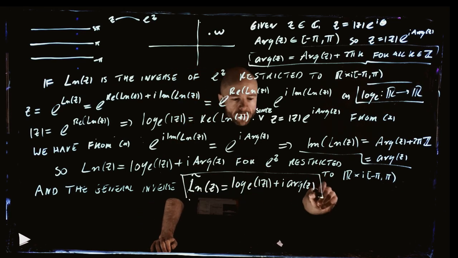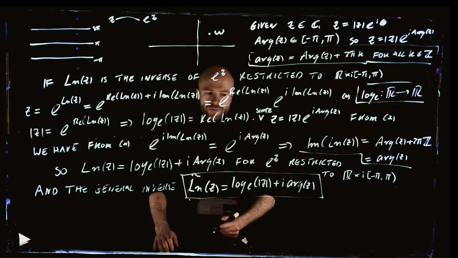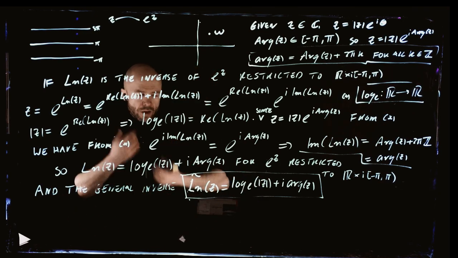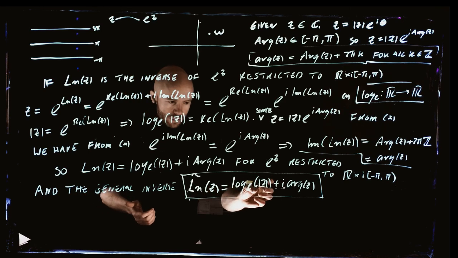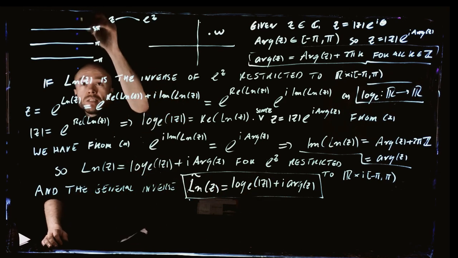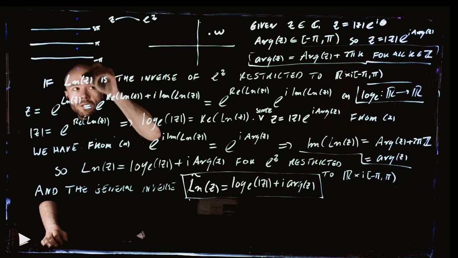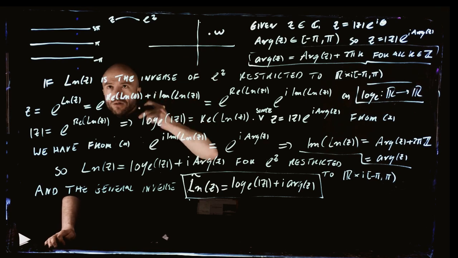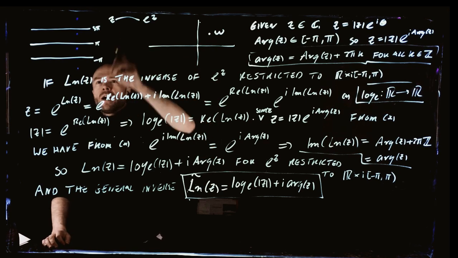This is defining an infinite set, right? And every number inside that infinite set has its real part given by this, but the imaginary part changes, and it's exactly this picture here. It's exactly all of these dots right here, right? Because each one is just moved up or down 2 pi i from the other.